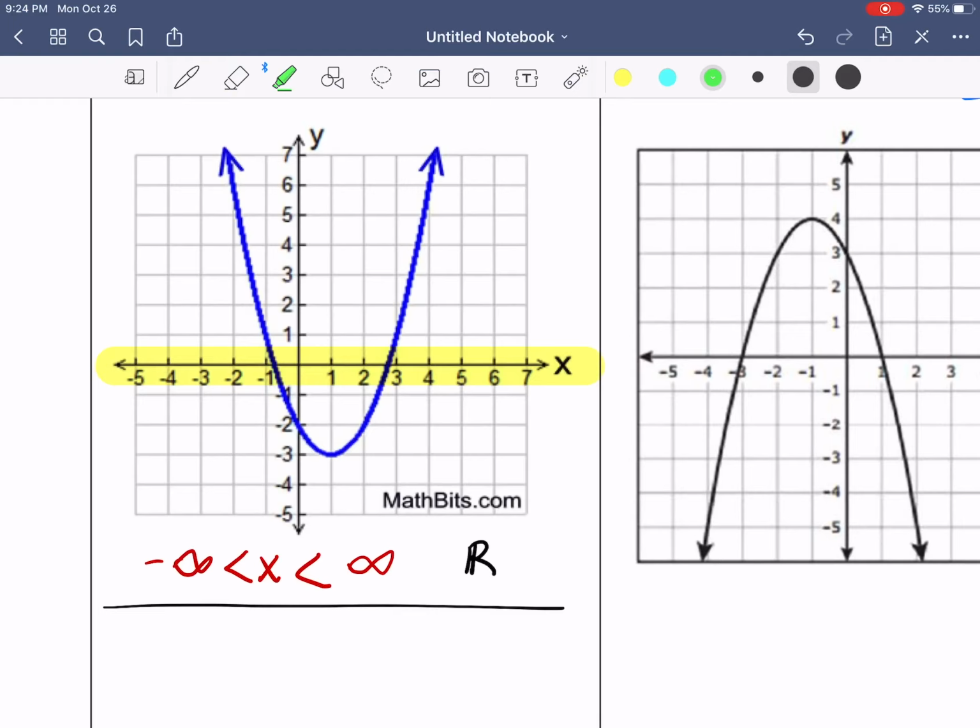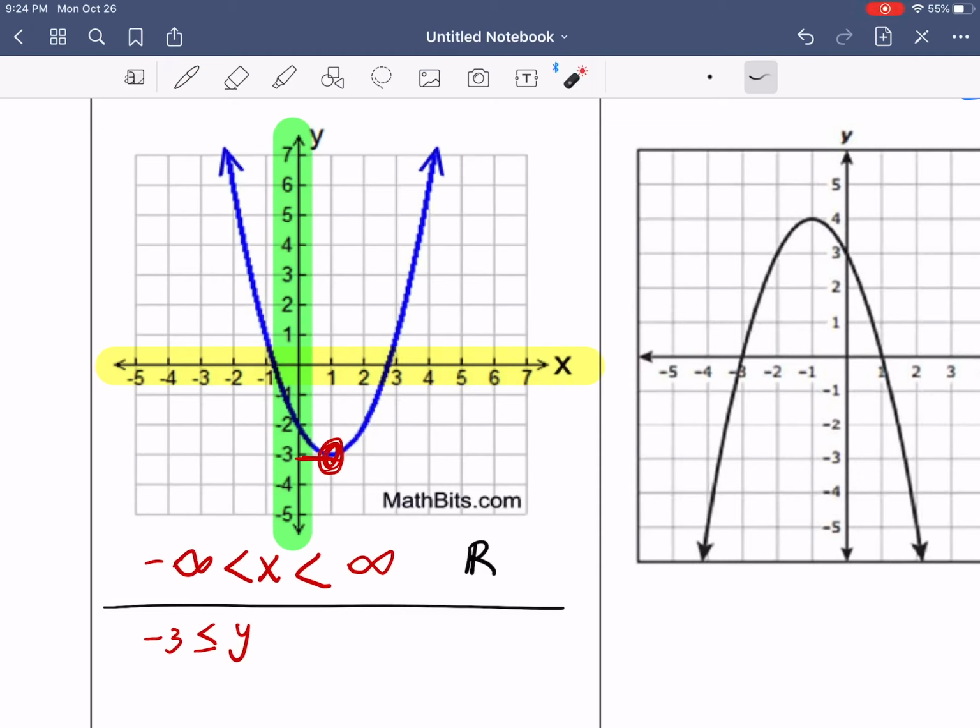And for the range, it's this. We're gonna highlight this. Now, bottom to top. Now, do you see this lowest number, -3? So we start from -3. Now, this is a line. And we consider a line as a closed circle, like that, okay?